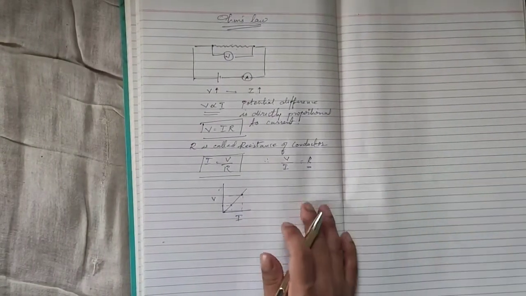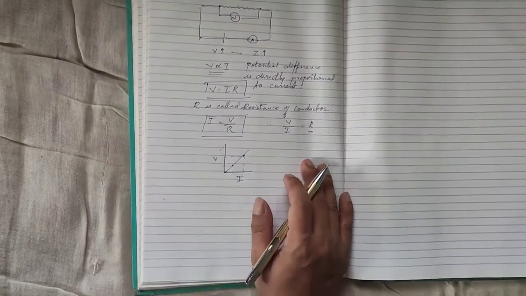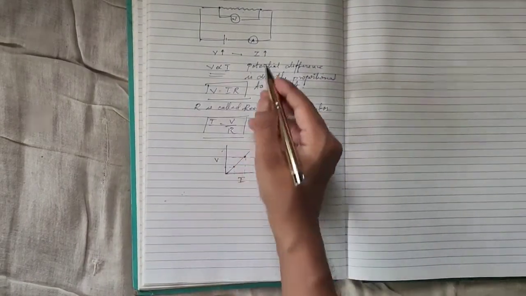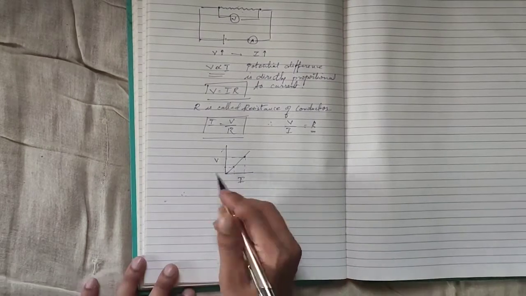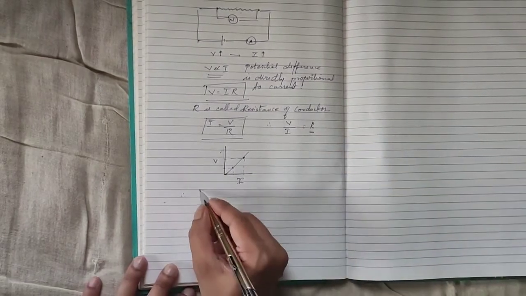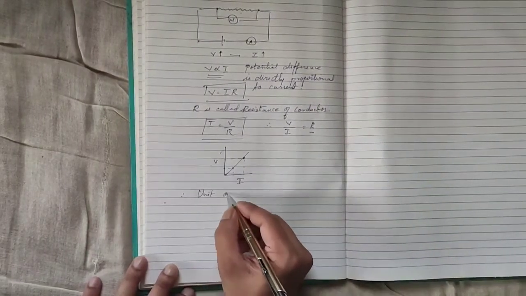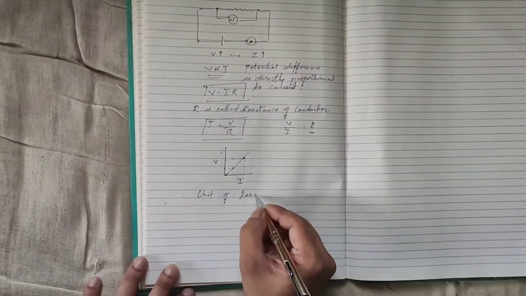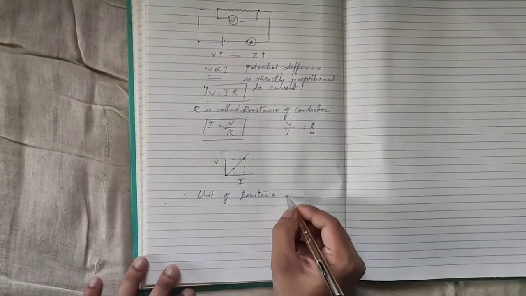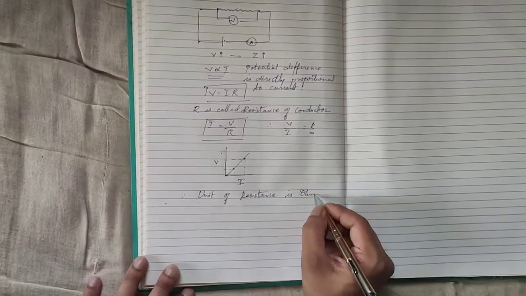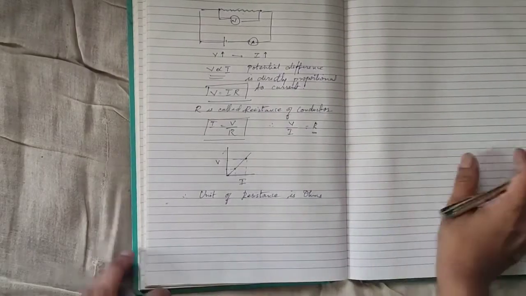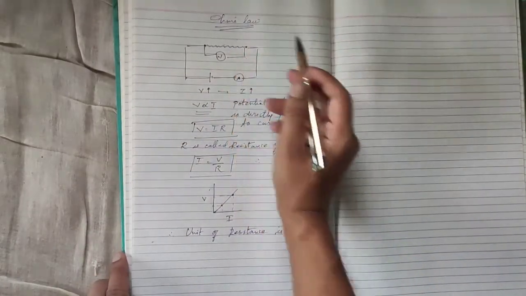Now we talk about resistance. Resistance is the ability of the conductor, like I said, and it can also be measured. The unit of resistance is ohms, in honor of our scientist George Simon Ohm.